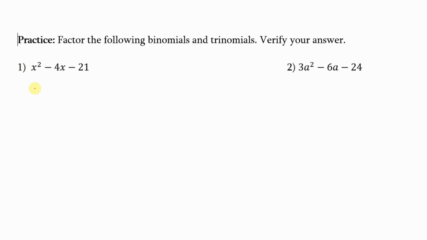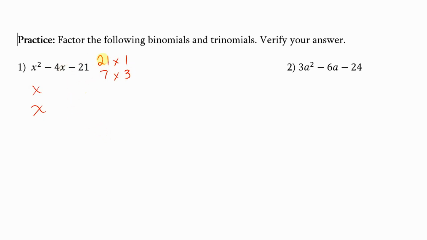So if you remember from Math 10, we factor any polynomial by first looking at the first coefficient, which in this case is 1. So we know we're going to have x and x. And we look at our constant term, which is minus 21. So here we can have 21 times 1 or 7 times 3. So one of these pairs is going to go here.